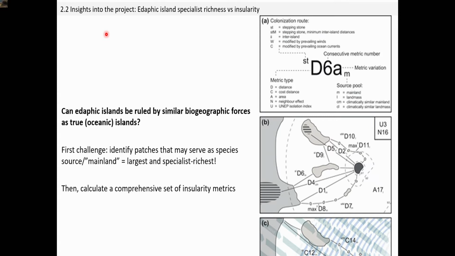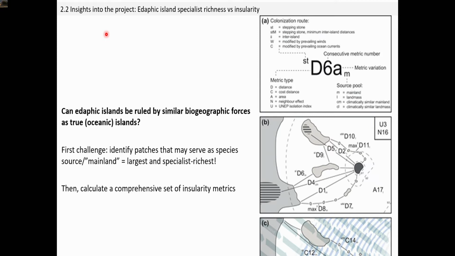So the first challenge to overcome was to identify putative species sources in a system, and borrowing the concept and notion of mainland from island biogeography, we identified those patches which were the largest and also richest in specialists as putative species sources.